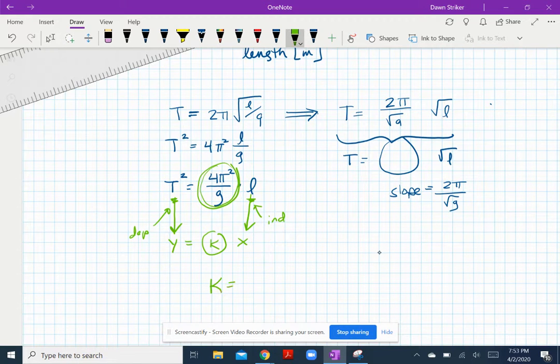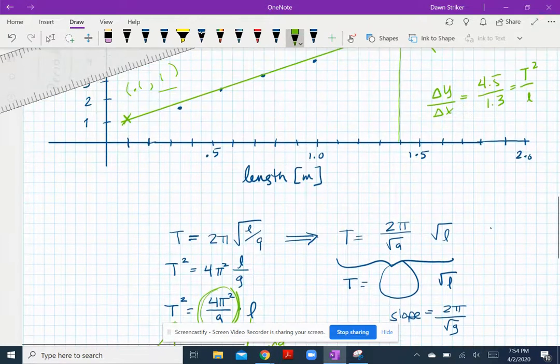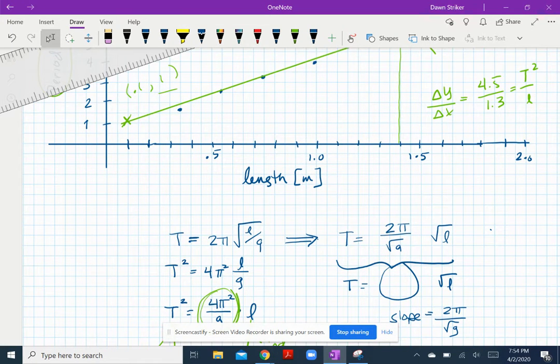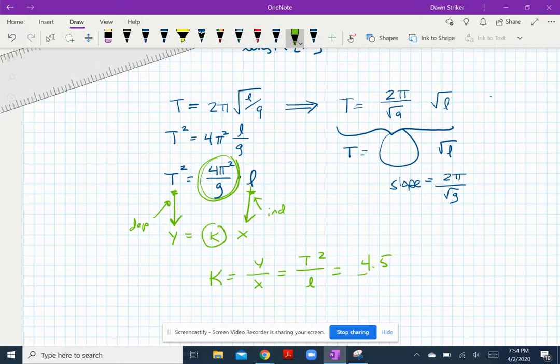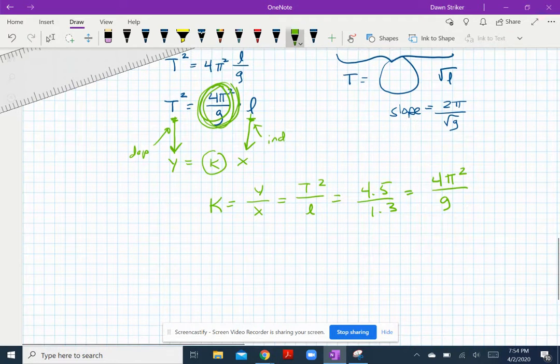So k is really y over x, that's really T squared over L. And for me, on my line of best fit, that's 4.5 divided by 1.3. Well, what is that really equal to? It's equal to all of this stuff. So 4 pi squared divided by g equals 4.5 divided by 1.3, according to my calculation.